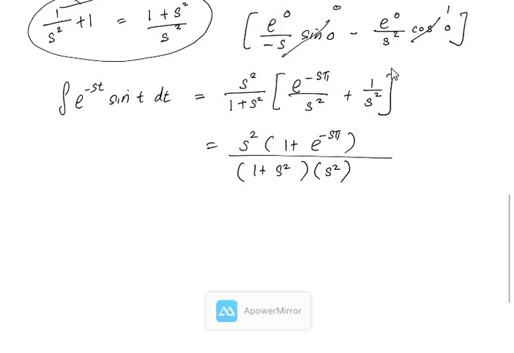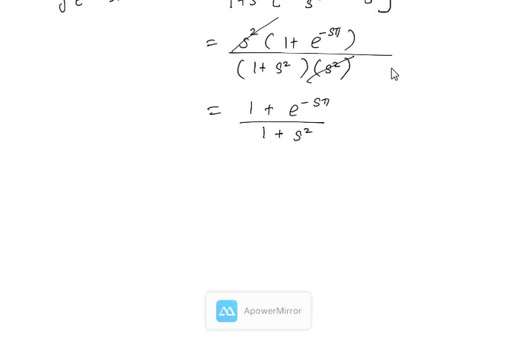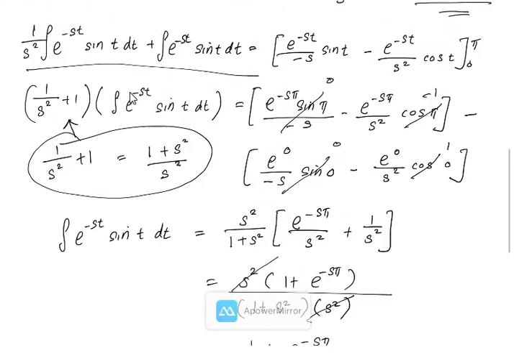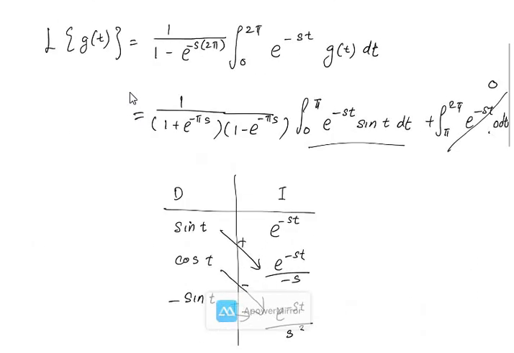So like this, we can cancel out here. We just remain with 1 plus e to the negative s pi divided by 1 plus s squared. So this is for the integration of e to the negative st sine t, which refers to this part.